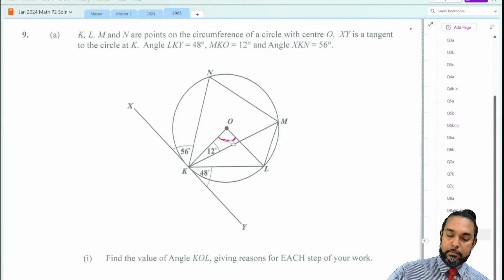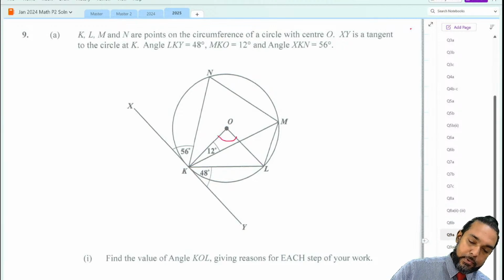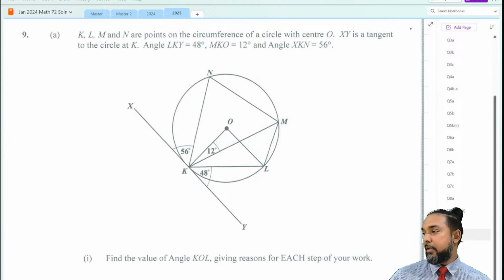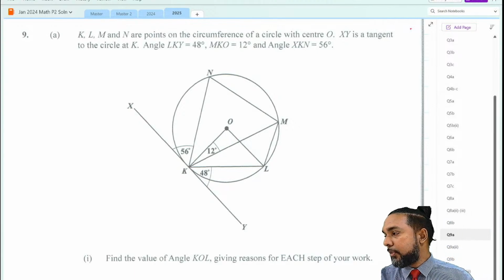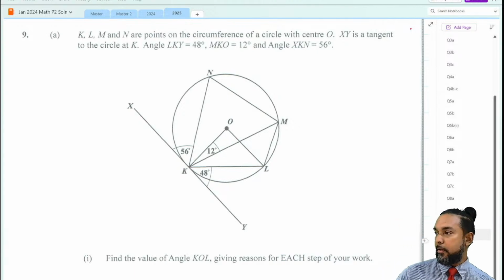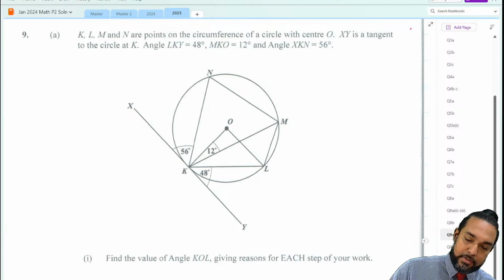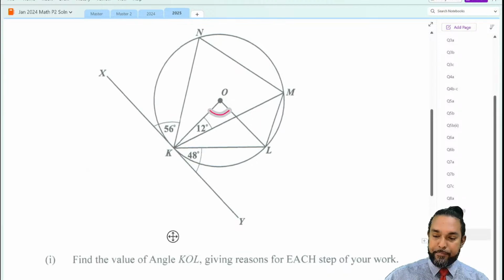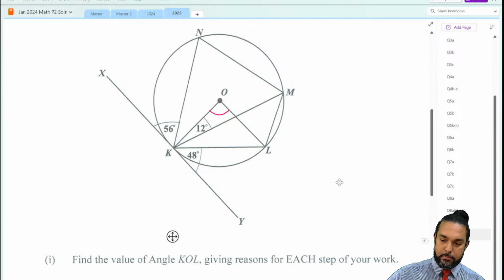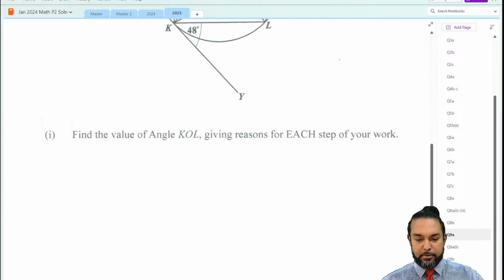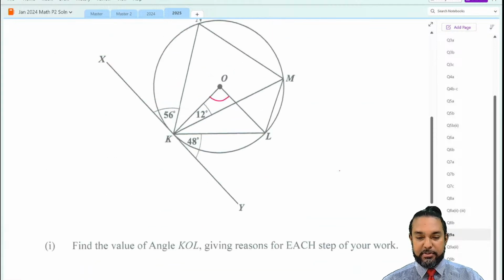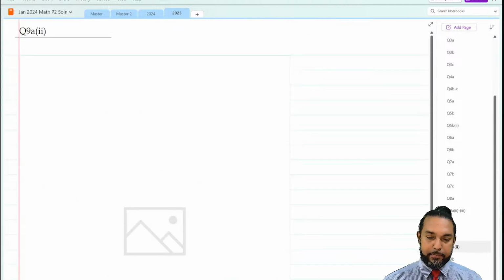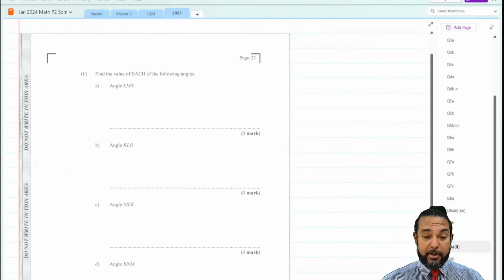Let me see if I can draw the arc correctly. Hey, Vivek. Right, so this angle here. Let me scroll down a little bit. It's just that question on this page. On the next page, we have 4 more angles after that.